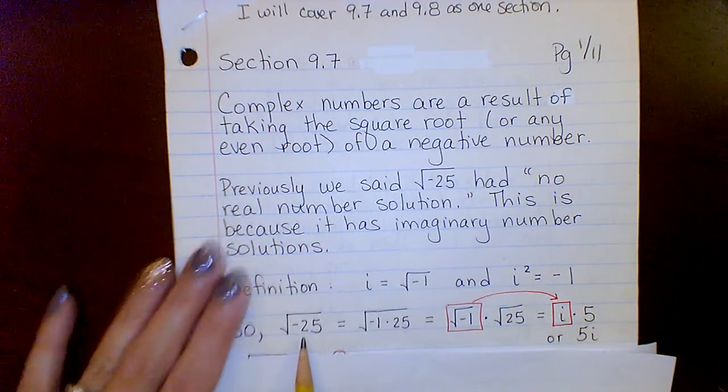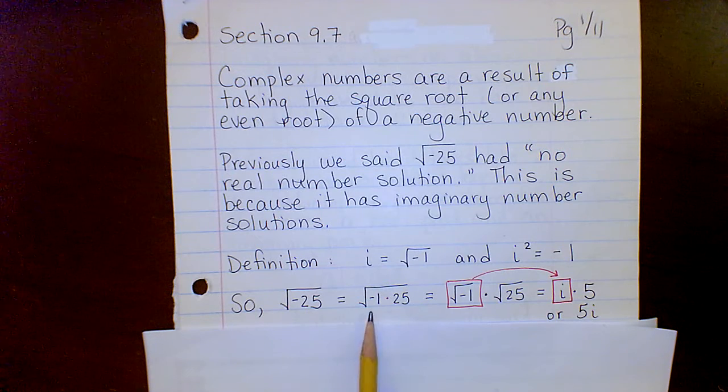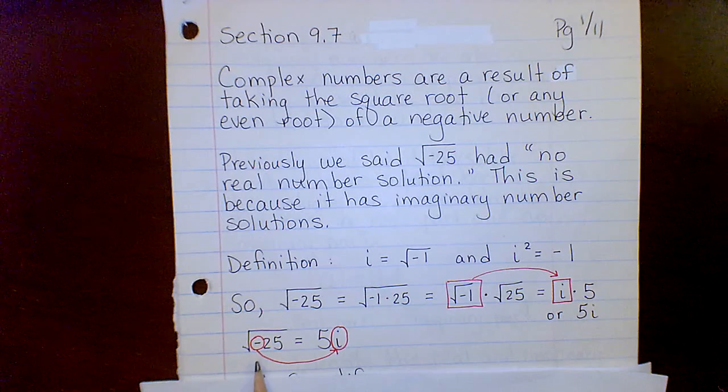The square root of negative 25 can be thought of as the square root of negative 1 times 25. The square root of negative 1 is what we're calling i, the imaginary unit, and the square root of 25 is 5. So we get that the square root of negative 25 is 5i.